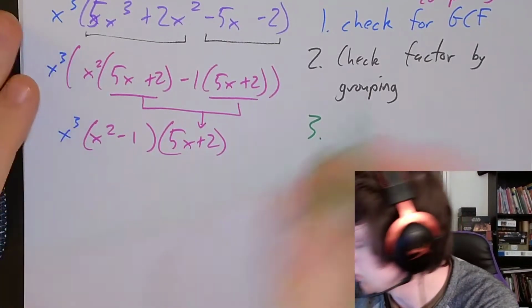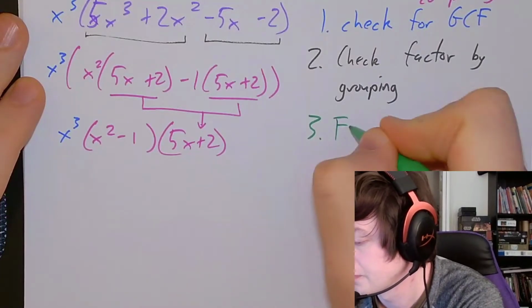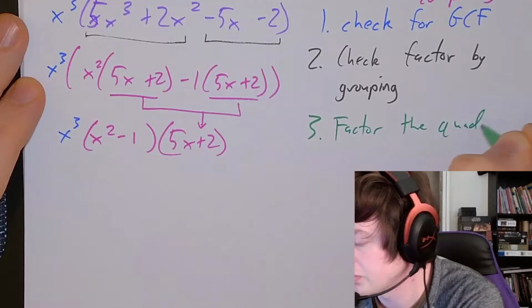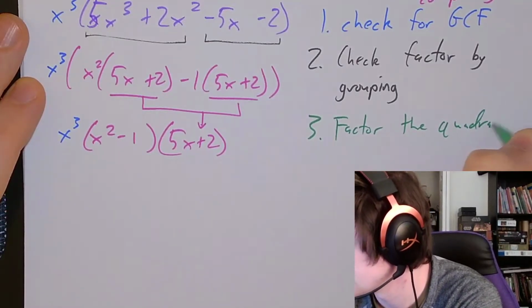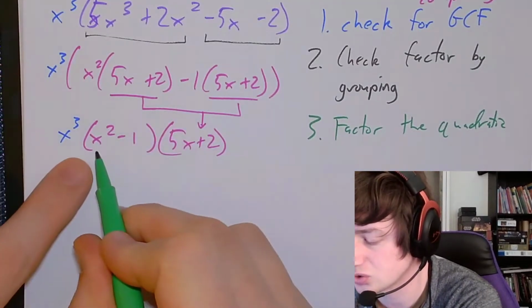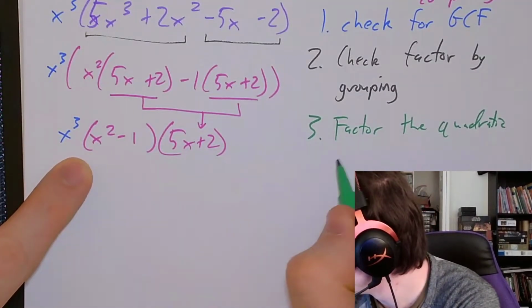So we said, okay, we should be able to factor the quadratic. And we had a method with an x box that we used, and so we're going to go over that right now. So we want to factor this quadratic, this x squared minus 1 function.